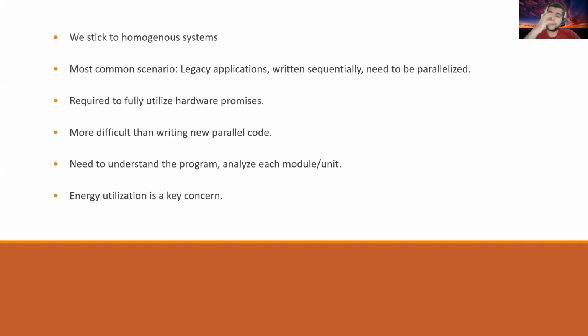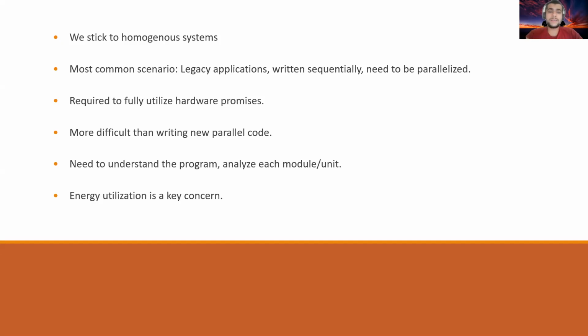And this task of converting sequential to parallel is actually more difficult than writing new parallel code, because if you're trying to write new parallel code, the first thing you would do is study a parallel programming framework like OpenMP or MPI. You would get comfortable using them, and then you'll just start programming.